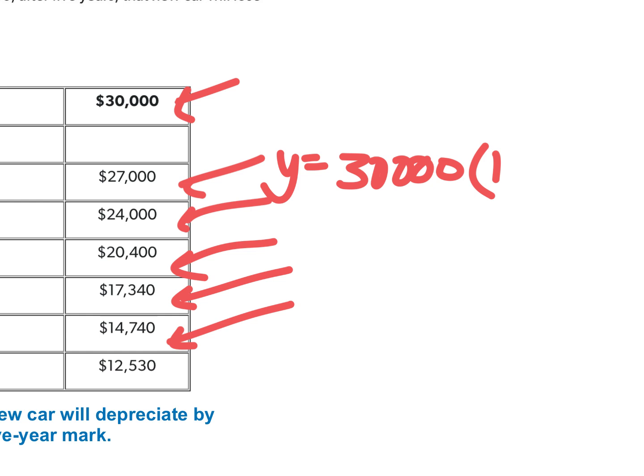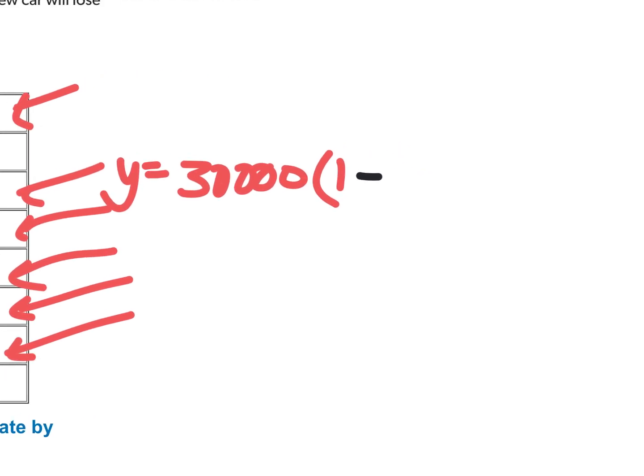But now we're going to say that the price of the car goes down, minus. And from my experience, I'd say cars go down at least 10% per year. 0.10. And then the only question is, how many years do you want to do it for?